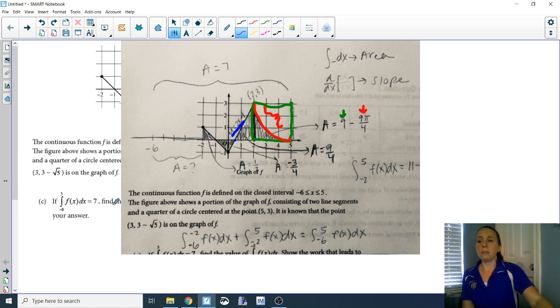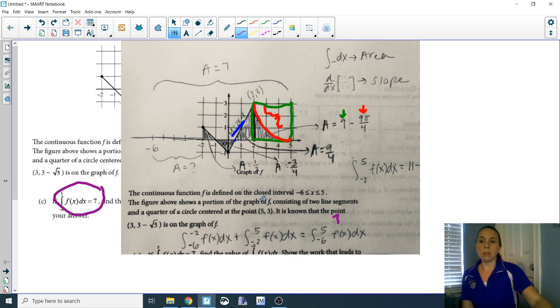Now why that's helpful is, take a look at this right here. We are given that the integral from -6 to 5 of f of x dx equals 7. So I'm going to replace this integral with a 7. Now I know the answer to the integral from -2 to 5.